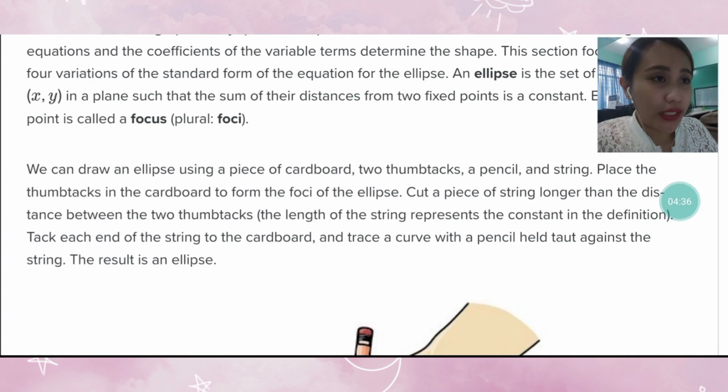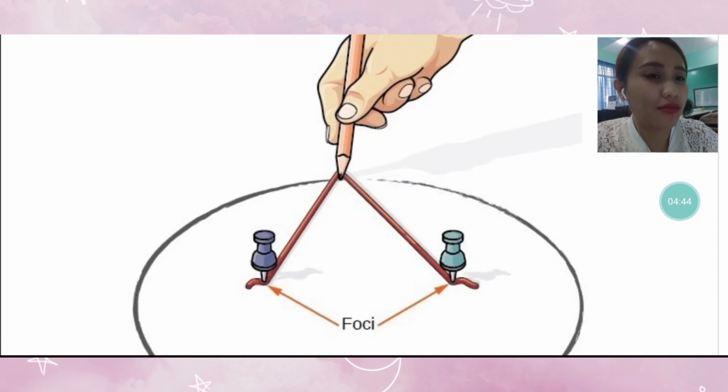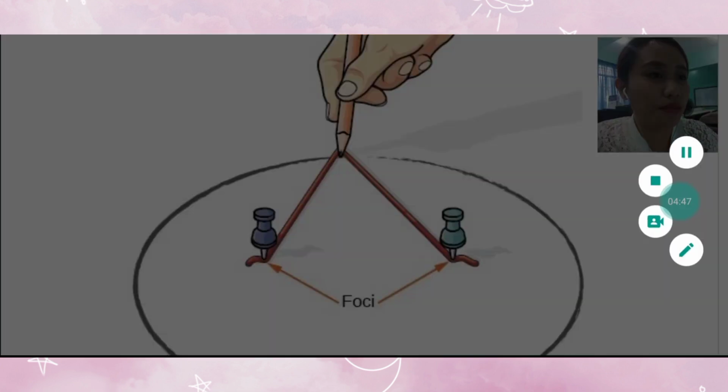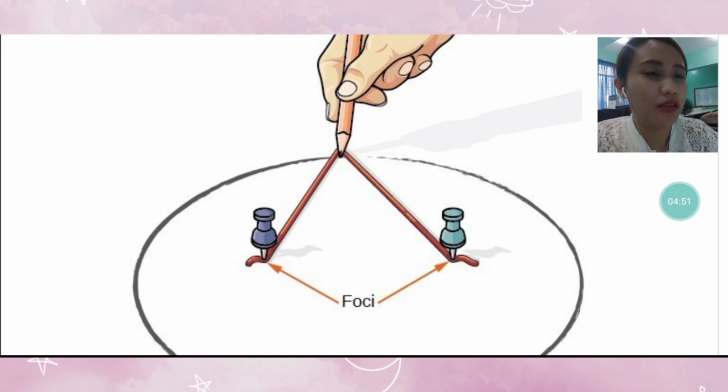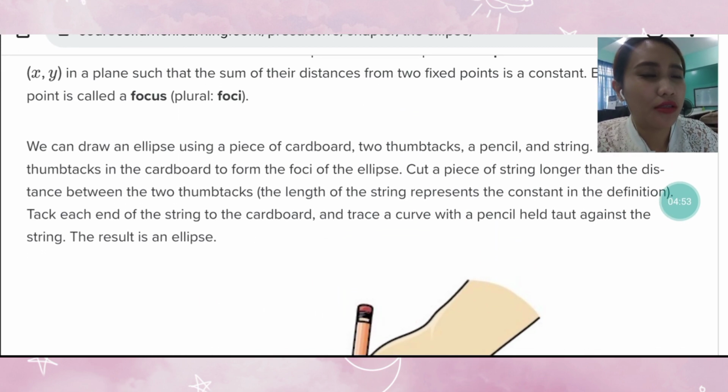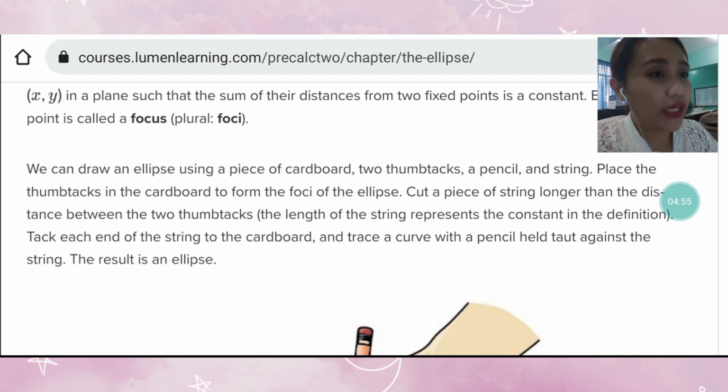Manually, we can actually draw an ellipse using a piece of cardboard. If you have two thumbtacks, one right here, the other right there, a pencil and a string, you place the two thumbtacks in the cardboard to form the foci of the ellipse.